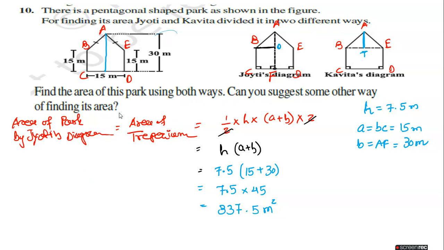One minute, I lost my cursor. Okay, see, this is the base. Up to here it is 15. Total is 30, so remaining part is 15 only. So AT is equal to 15 meter.